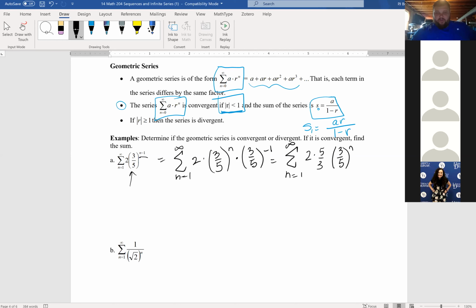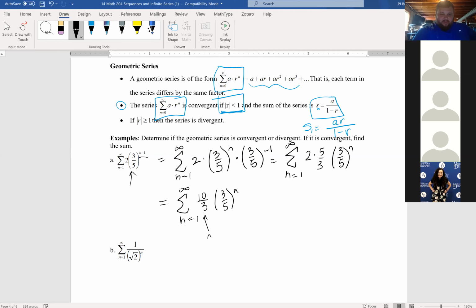So I did that and multiplied it by 2. Now I have the sum from n equals 1 to infinity of 10/3 times 3/5 to the n power. This is now in the correct form.